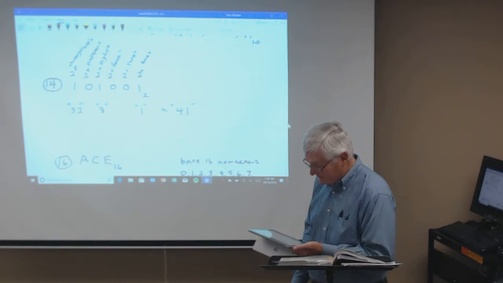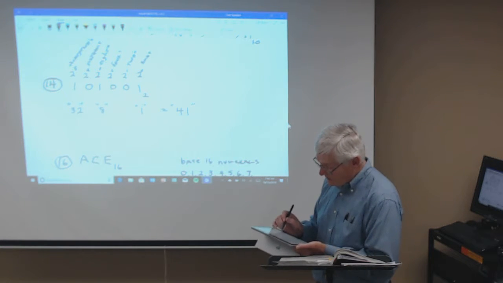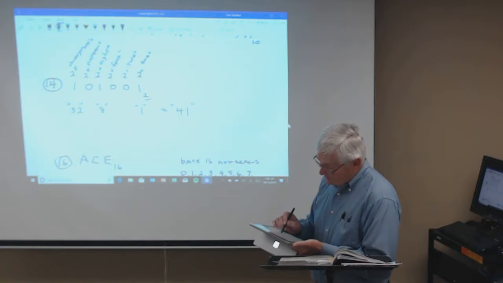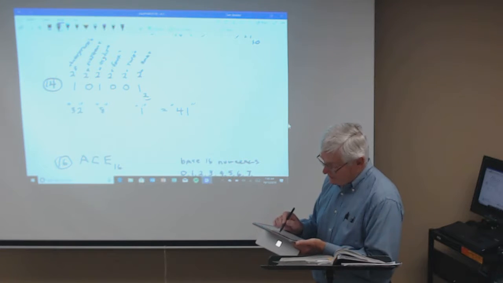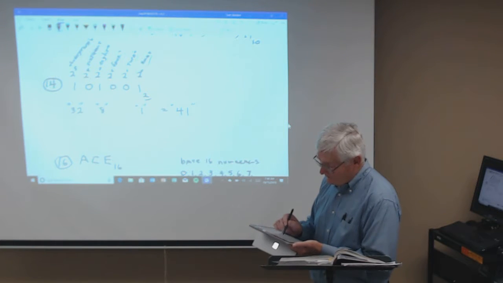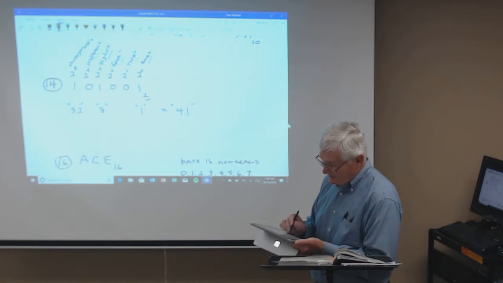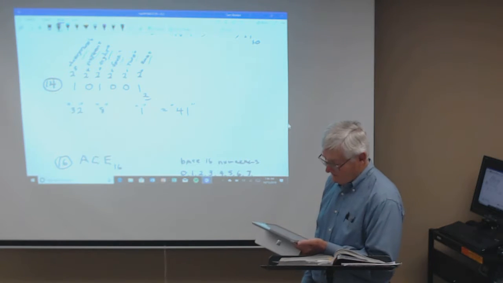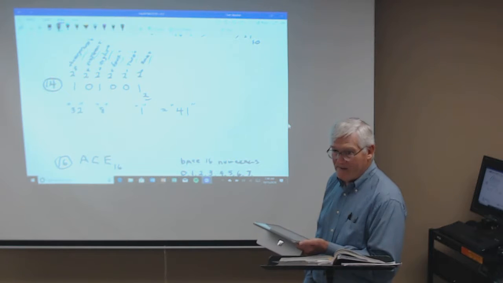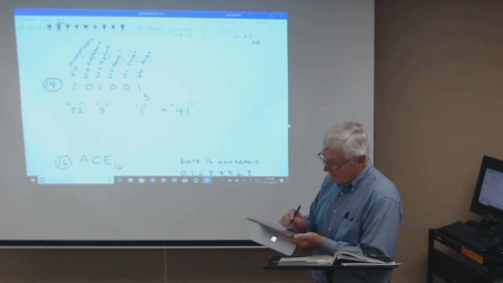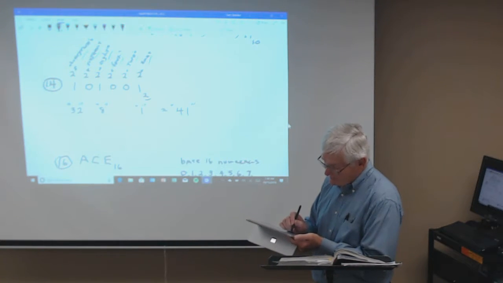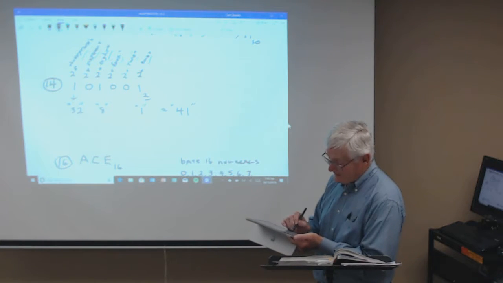What about 14? 101001. And the base is 2. So I have 2 to the 0, which is the 1's place, 2 to the 1, which is the 2's place, then 2 squared, 4's place, then 8's, then 16's, then 32's. You follow me? And what do I have? I have 1, 32. Everybody see where that comes from?